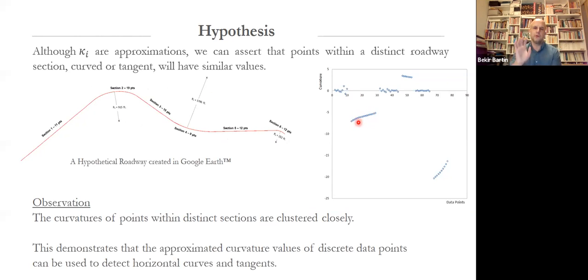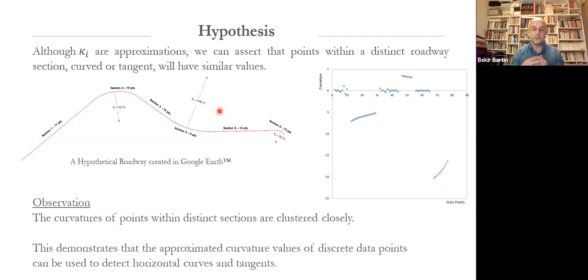So when you look at this, obviously this is a very obvious example. You can easily see that this is a curved section, this is a curved section, and this is a curved section, and these are tangent sections. So the observation is this: the curvatures of vertices within distinct sections are clustered.